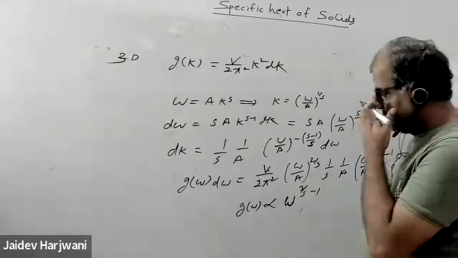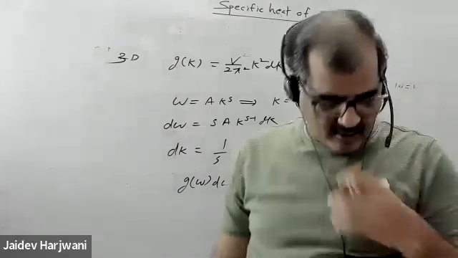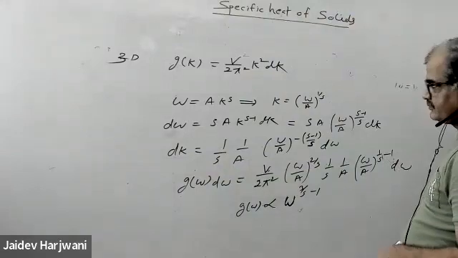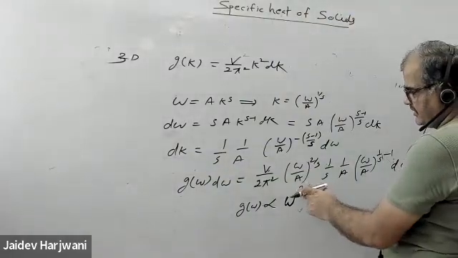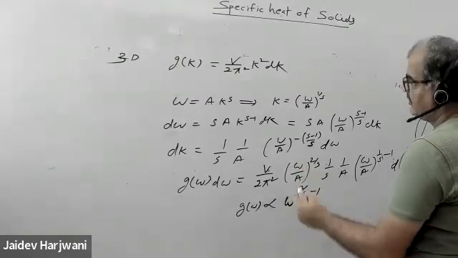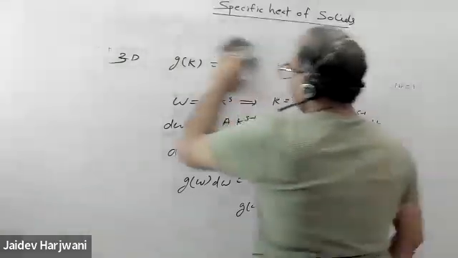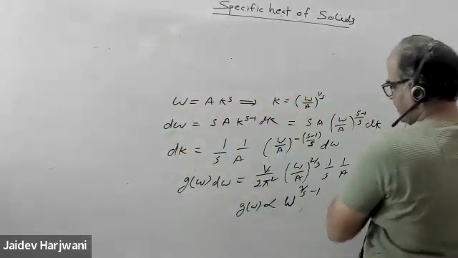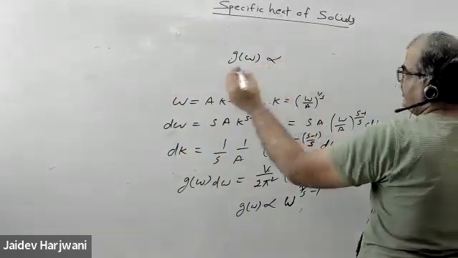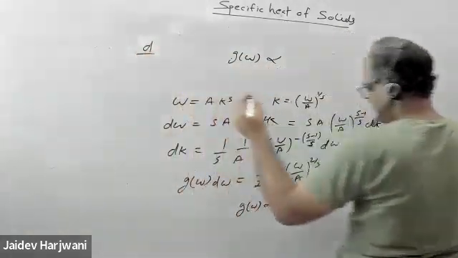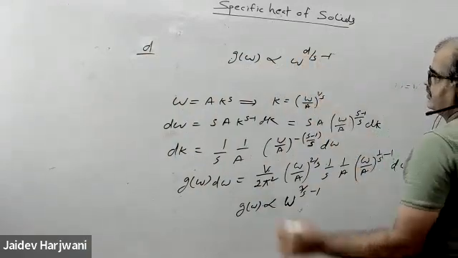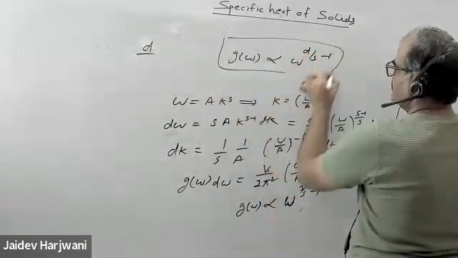So now you see how I am varying the dimensions, 1D, 2D, 3D. This number keeps on increasing: 1D is 1, 2D is 2, 3D is 3. So I can simply write a general relation. For g omega in d-dimensional space, I can simply write omega power d upon s minus 1.